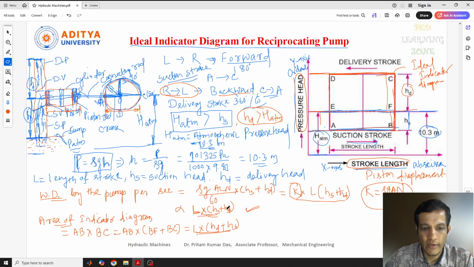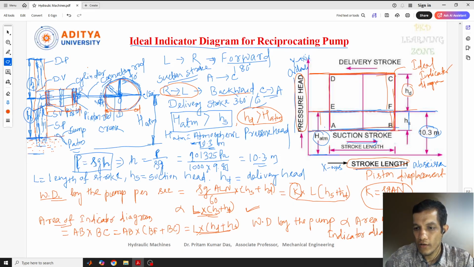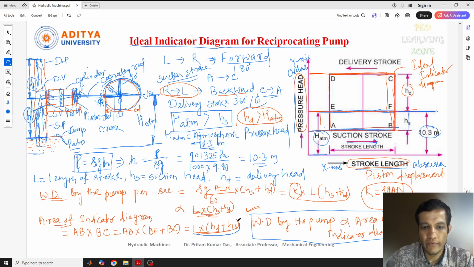So now I can write that the work done by the pump is directly proportional to the area of the indicator diagram. How did I get this? From the correlation of this area point and this one. The area is the length times the height: the length is L, and the height is HD plus HS, or HS plus HD.